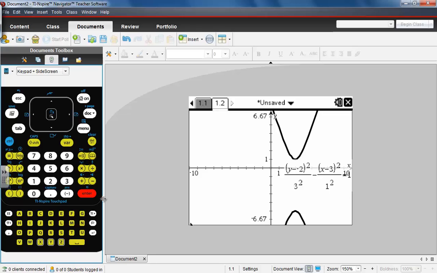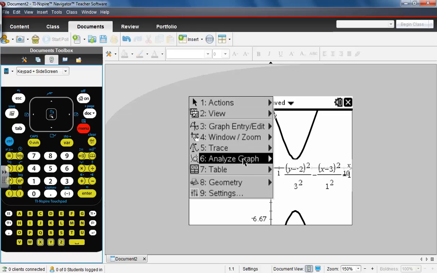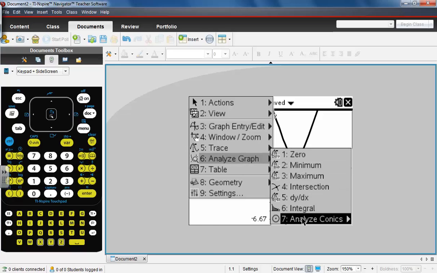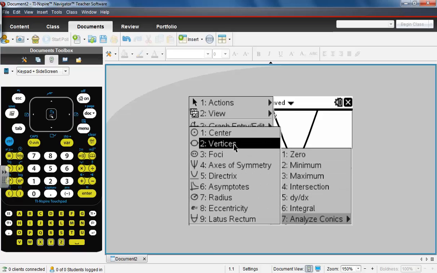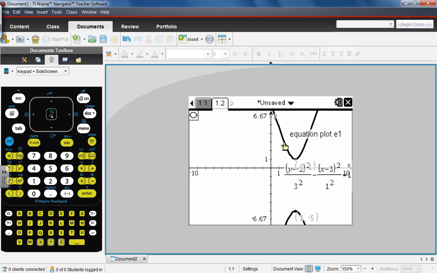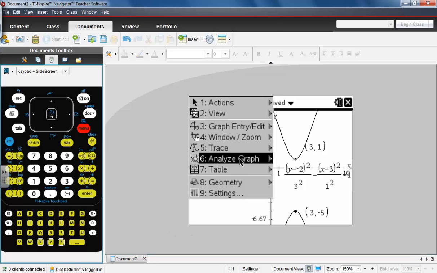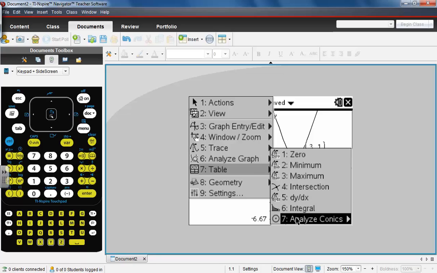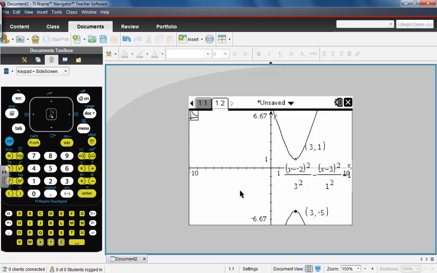And there is my hyperbola. And we're going to go menu, analyze graph, analyze conics. I can check my vertices. There are my vertices. I can find my asymptotes. Those equations come up.